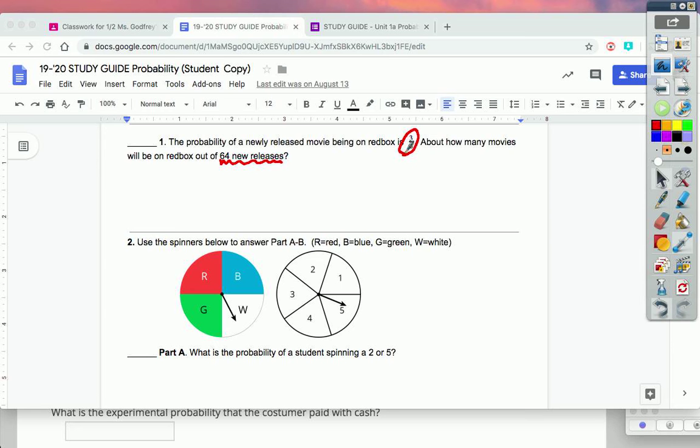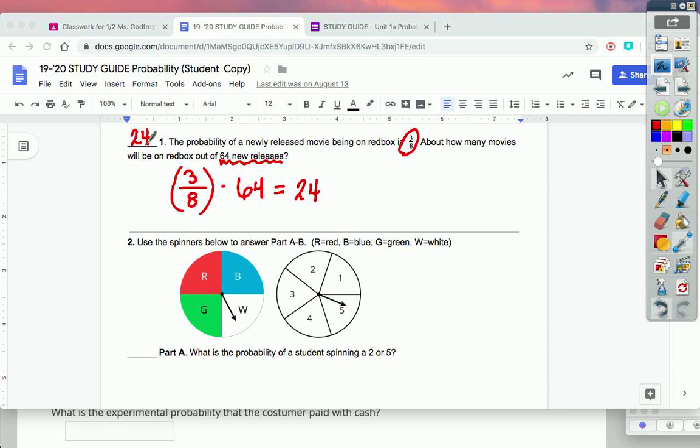This is your theoretical probability. So you simply say 3 over 8 times 64. This will give you 24. All you have to do is put 3 divided by 8 in your calculator, hit enter, times 64, and it will give you 24. Are there any questions here?